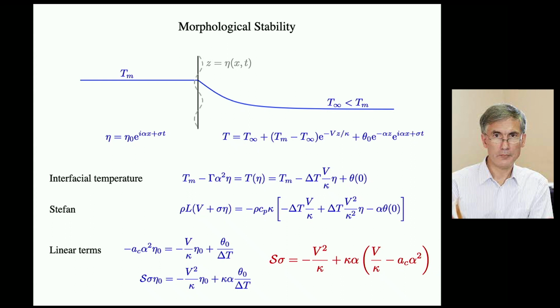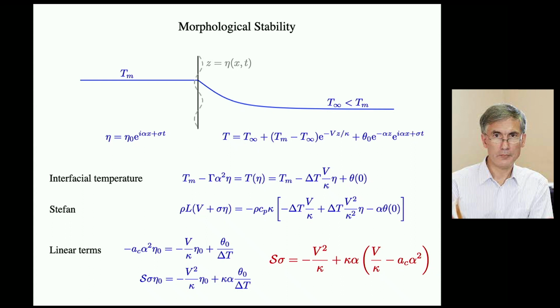Once we've got the temperature field here, we can think about our two interfacial conditions. One is the interfacial temperature, where the equilibrium temperature is now dependent on the curvature, and the curvature is the second derivative of the interface displacement, hence the 2 alpha squareds.